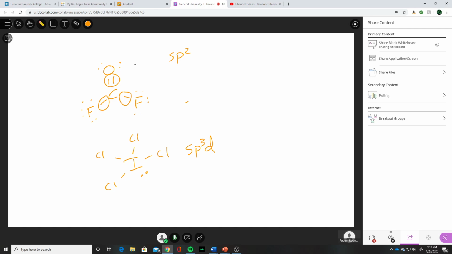How do we know which ones to use? Is that what you're asking? Which atomic orbitals to use? So you're just following the relative energies of those atomic orbitals. So if you remember, for example, in the 4th shell, so if n equals 4, in that shell you will have the 4s, you'll have 4p, you'll have 4d, and you'll have 4f.